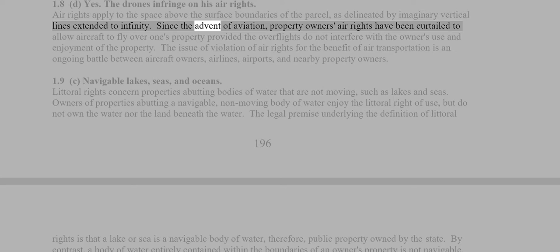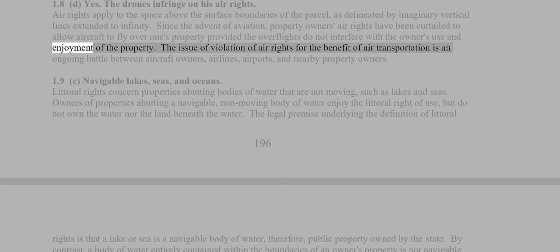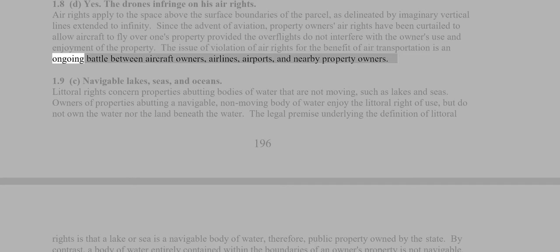Since the advent of aviation, property owners' air rights have been curtailed to allow aircraft to fly over one's property provided the overflights do not interfere with the owner's use and enjoyment of the property. The issue of violation of air rights for the benefit of air transportation is an ongoing battle between aircraft owners, airlines, airports, and nearby property owners.